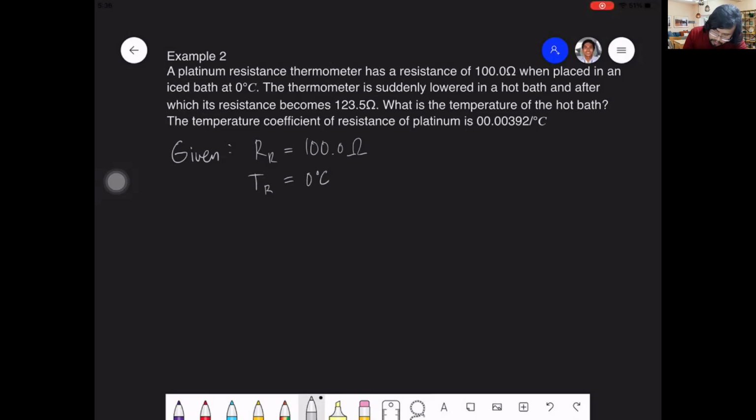We are actually finding T sub S. The R sub S is given also, 123.5 ohms.